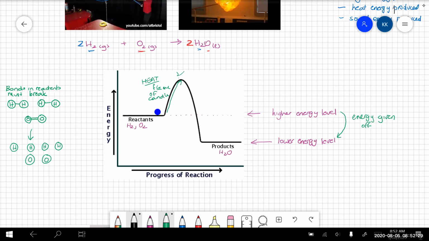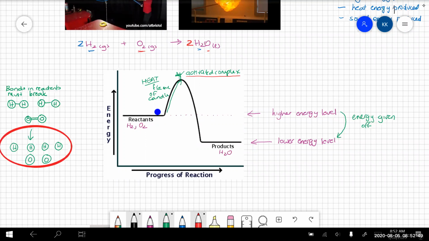So up the top here, this is called the activated complex. What we're looking at in the activated complex here is this situation where all of the atoms are separated.